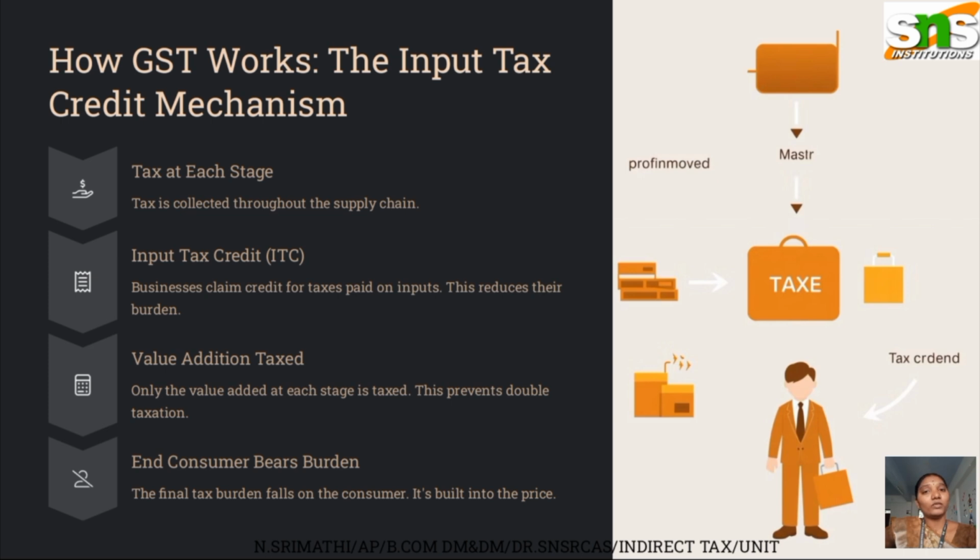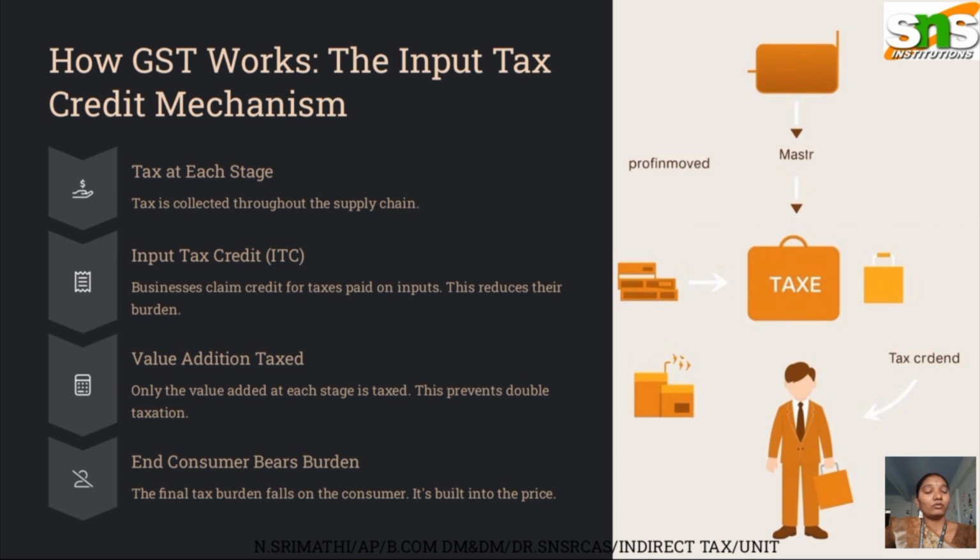And also we have various stages in the product's travelling path, and that's why we have many tolls in the places the product travels. And this tax is collected throughout the supply chain. The product is also taxed at each stage, because at each stage we are collecting taxes.